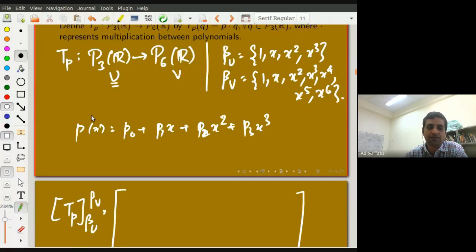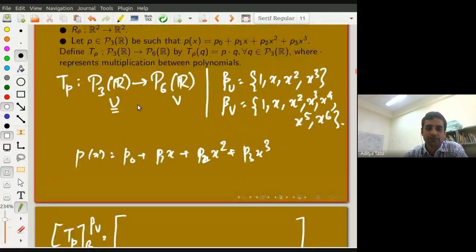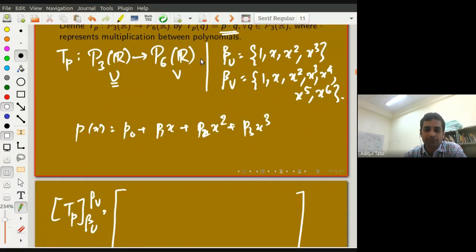What happens if I apply TP to 1? Remember, TP is defined as your usual multiplication between polynomials. So what happens if I multiply the polynomial 1 to the polynomial P? Gives me P itself, right?